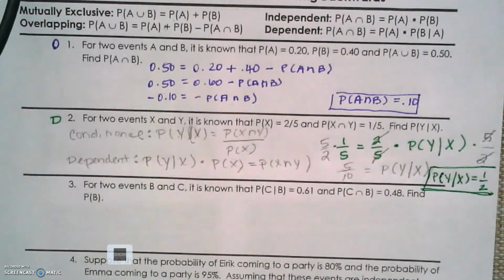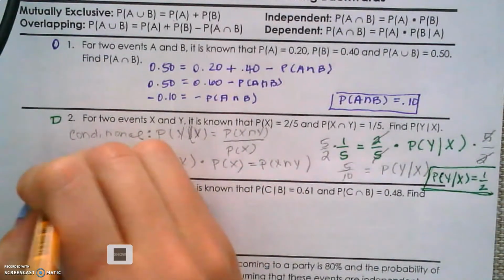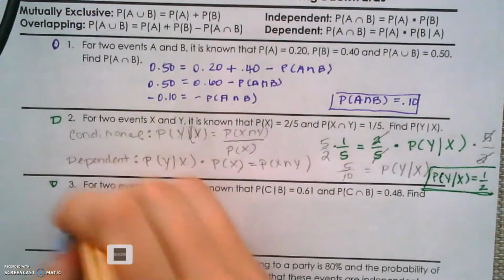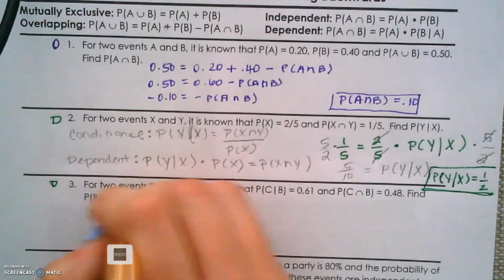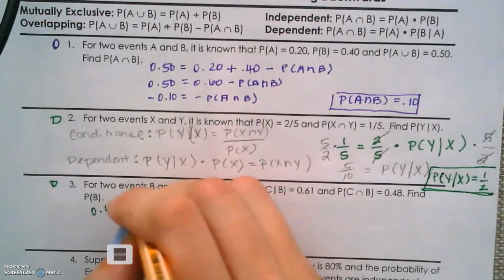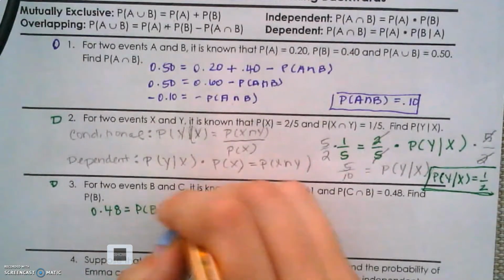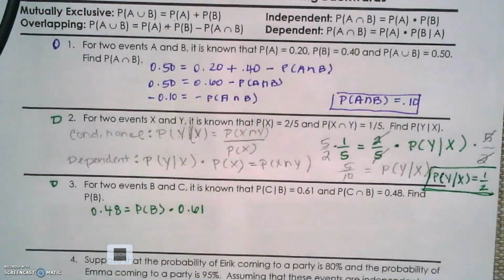For two events B and C, it is known that we have a given, and then we have an intersection, and we want to find the probability of B. So we're going to use this same dependent event here. We know the intersection, so 0.48. That's going to equal the probability of B times the probability of C given B. So once again, we have multiplication.